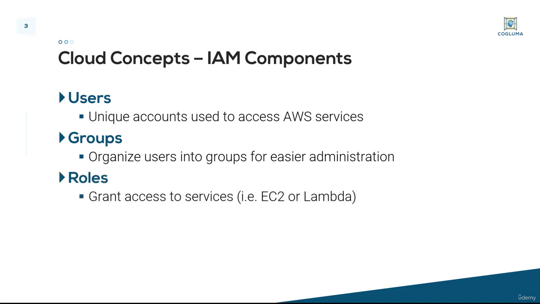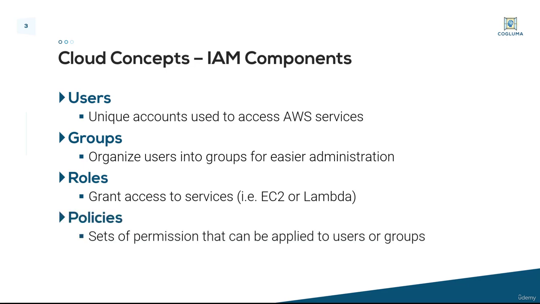Next, we have roles. So roles are a little bit like users, but they grant access for services. In other environments, I've heard these accounts called service accounts, but what they do is they grant temporary access to something like EC2, which we're going to learn about, or an application, to give that service the rights that it needs to complete the function it's trying to complete.